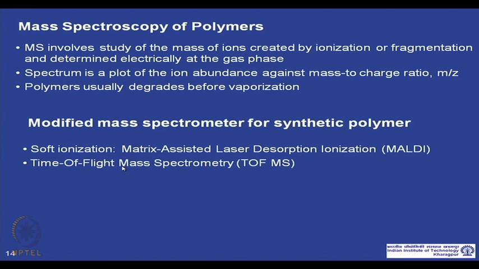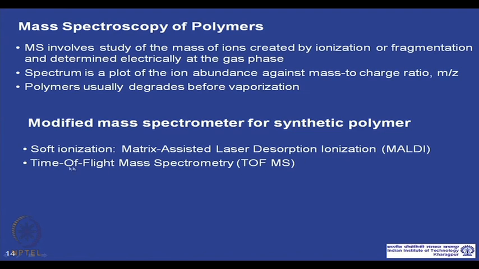So, what is the modification done to get the mass spectra of polymers? One soft ionization mechanism is used, which we will come to in a minute: matrix assisted laser desorption ionization, or MALDI, by which the polymers are vaporized with the help of a matrix without degradation.